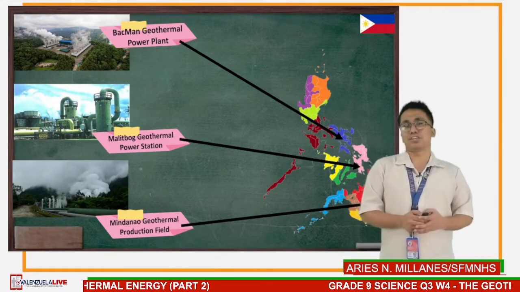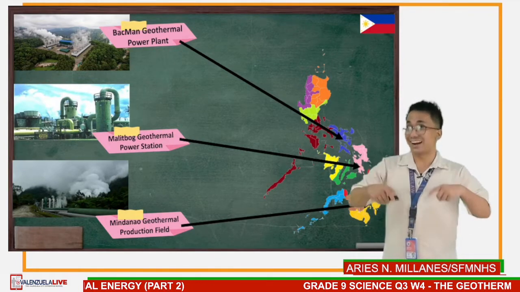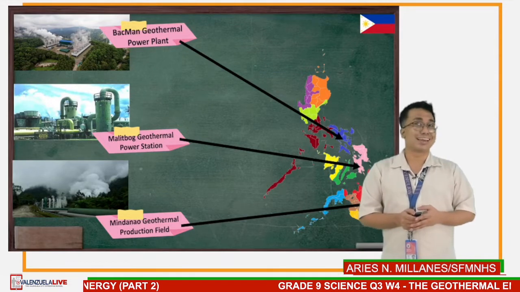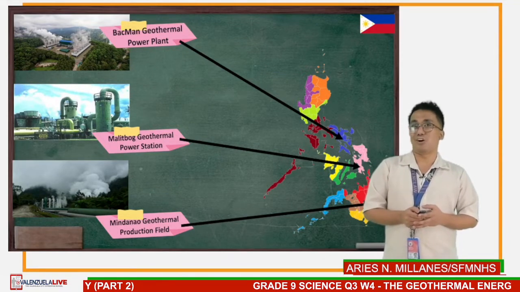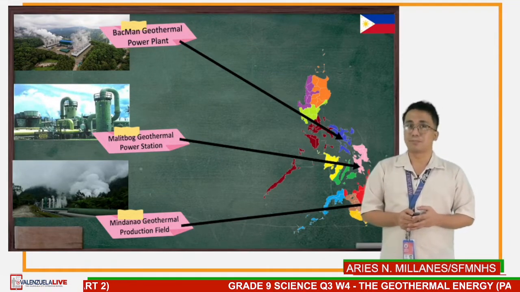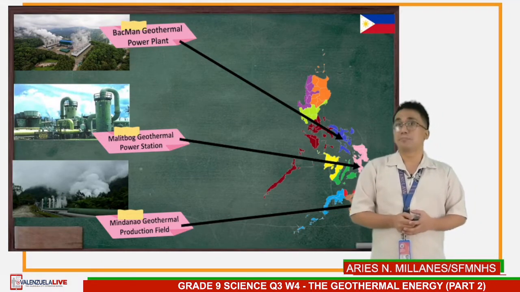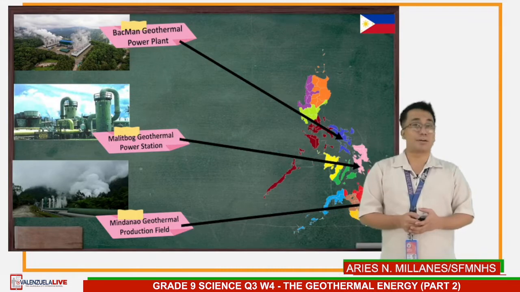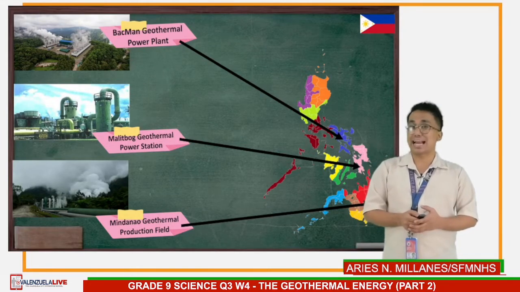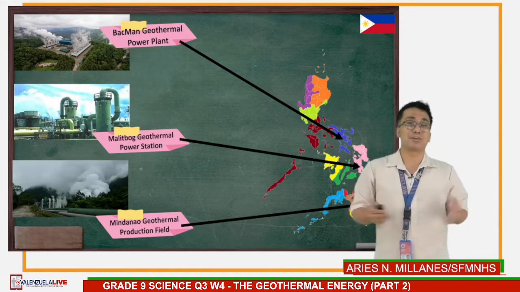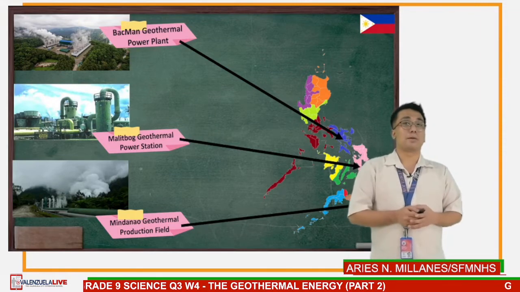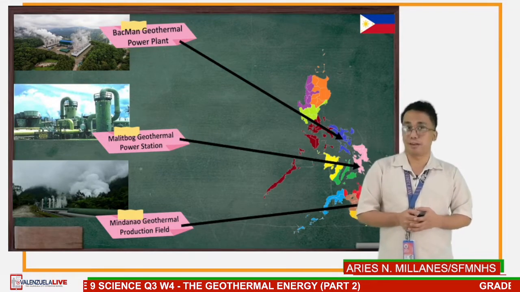Most of our geothermal power plants here in our country can be found near an active volcano. It is possible because our country belongs to an area where earthquake and volcanic activity seem to be normal. It's called the Pacific Ring of Fire.